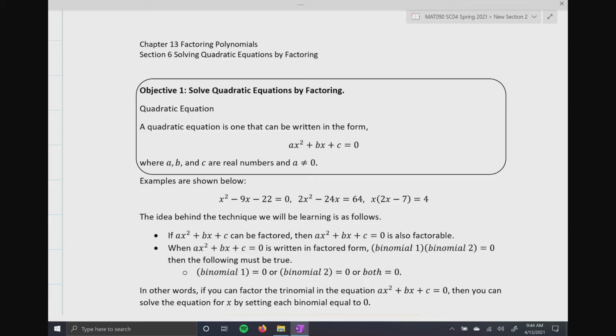So what we're going to do is take everything that we learned from section 1 through section 5, all those techniques. And got to be honest with you, they're all summarized right here in this flow chart. This entire flow chart summarizes everything that we need. Okay? We're going to take this and we're going to learn how to solve equations.